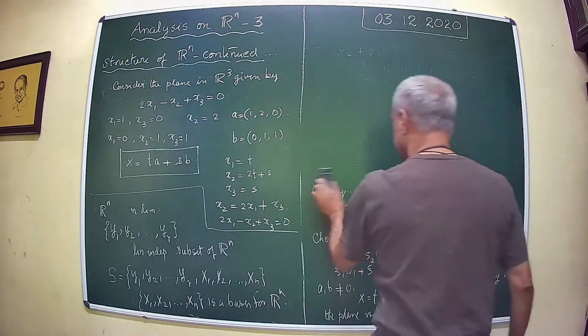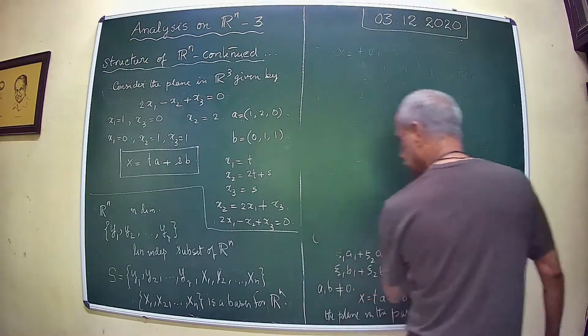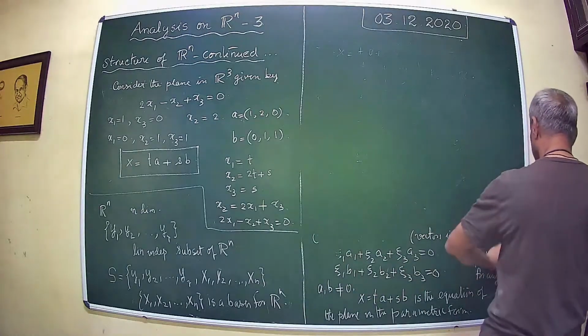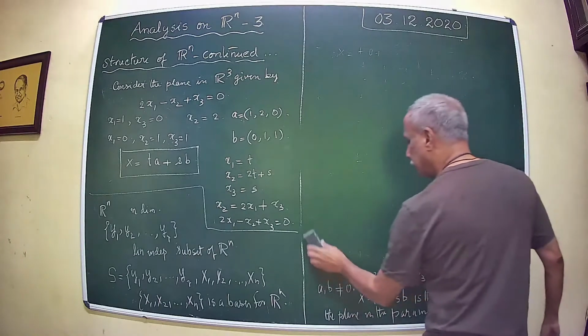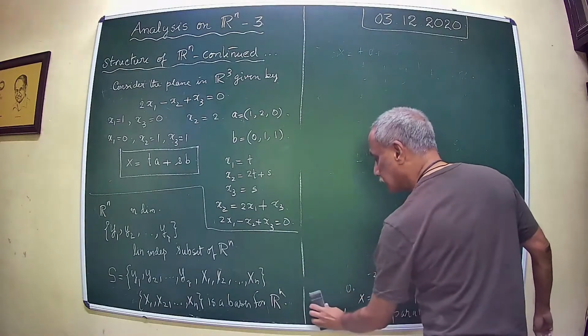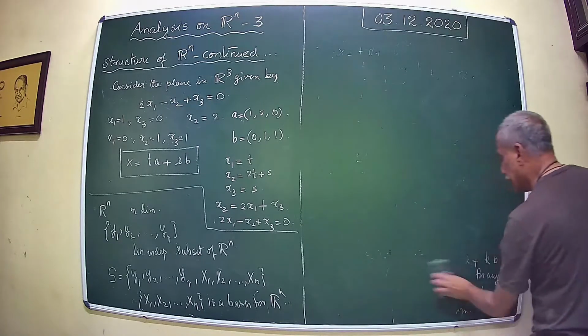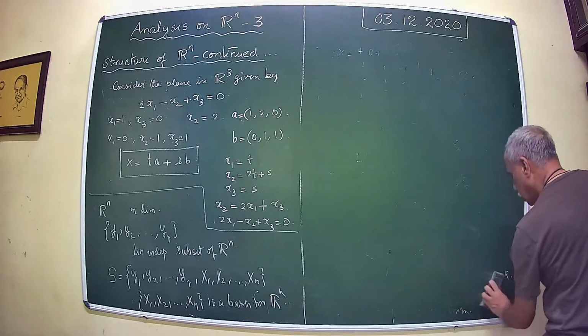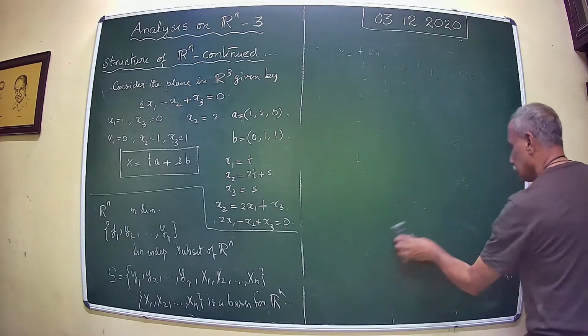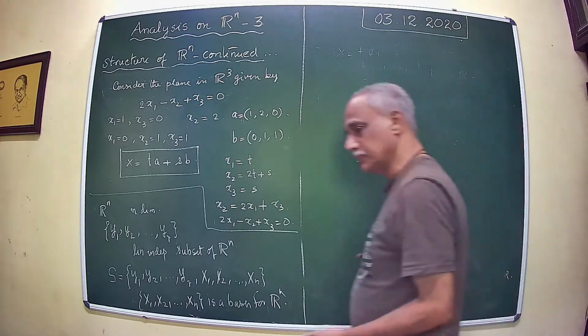How do you eliminate elements from it? Pick the first element appearing in this set which is linearly dependent on the other elements.